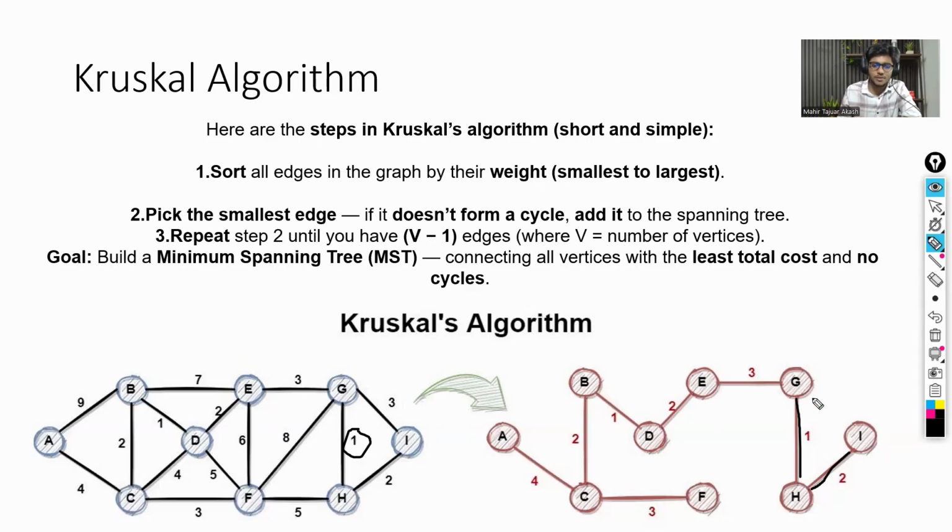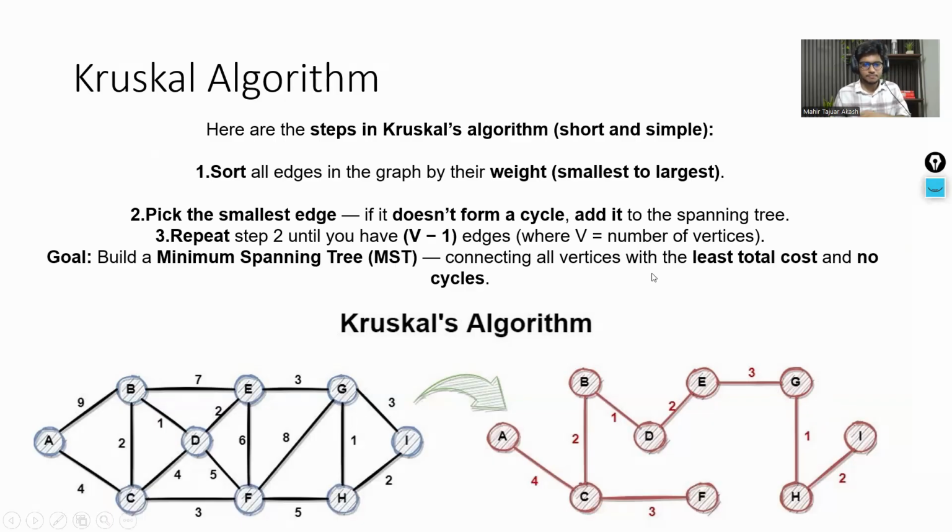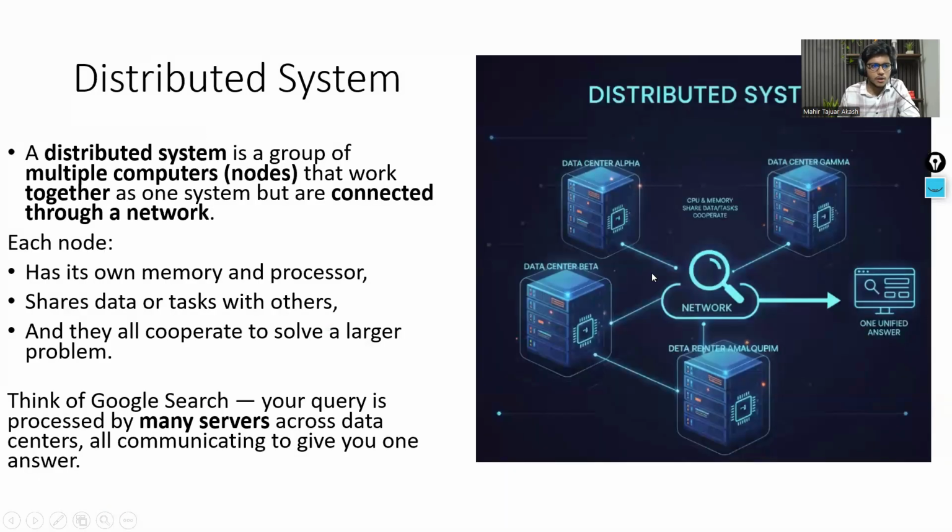So you don't have to do that. If you do this approach, and when there will be a cycle, you just have to stop. This is basically the Kruskal approach, and it will help you finally find a minimum spanning tree, right?